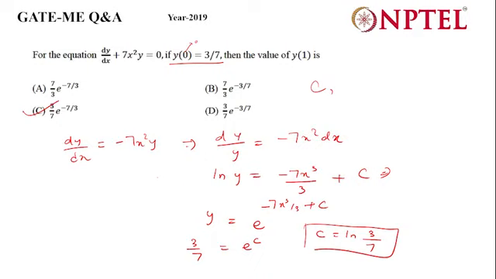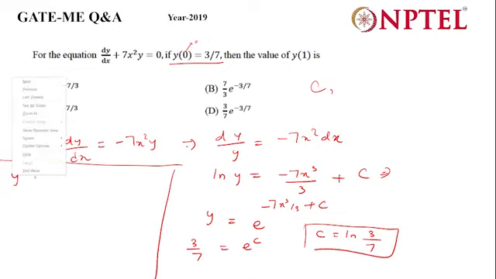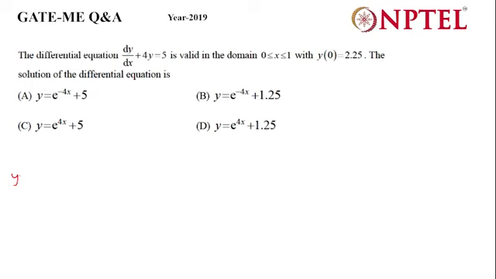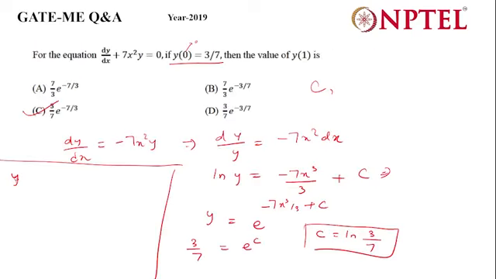ln y will be minus 7x cubed by 3 plus ln 3/7, that is y is e to the power minus 7x cubed by 3 plus ln 3/7. Then what we have to do? We have to get the value of y at x equals 1.